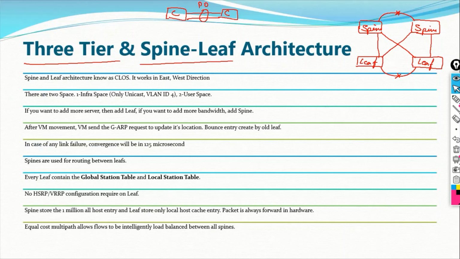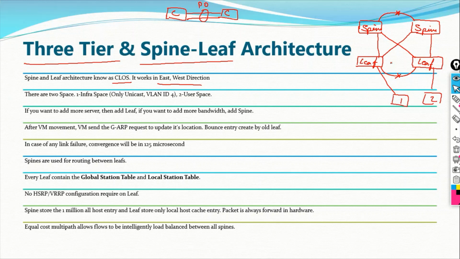Right? So let's understand this flow as well, this slide, and this says that spine and leaf architecture is also known as Clos topology, right? It works in the east and west direction only. As I can say, we have the server connected over here, and this server is connecting to this guy, and this server is connecting to this guy. This is server 2, this is server 1.